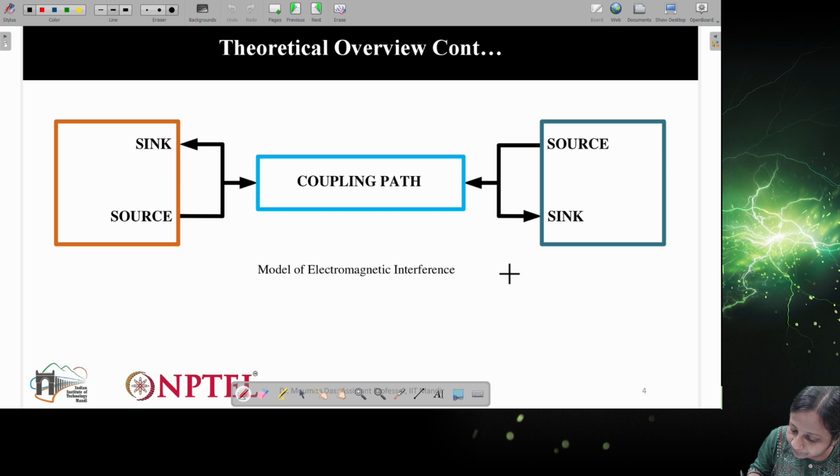It can be either capacitive, or inductive, or galvanic, or radiated power.